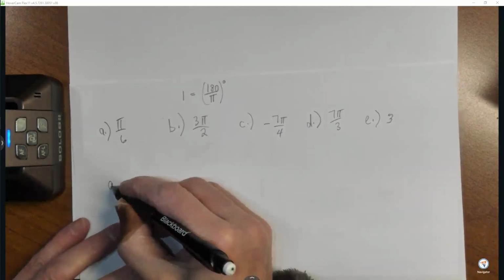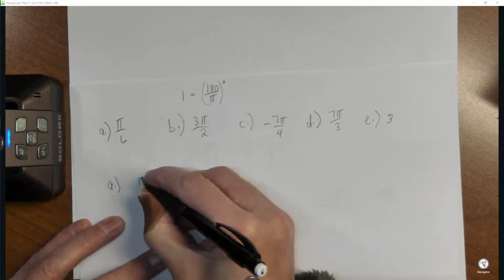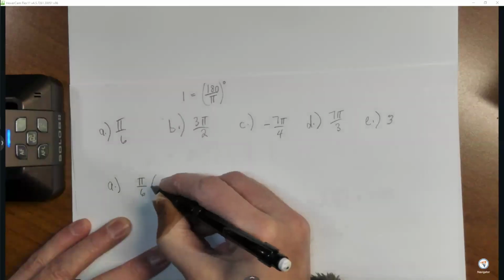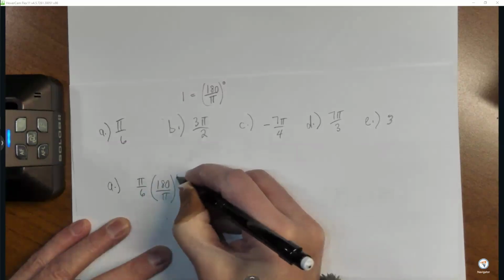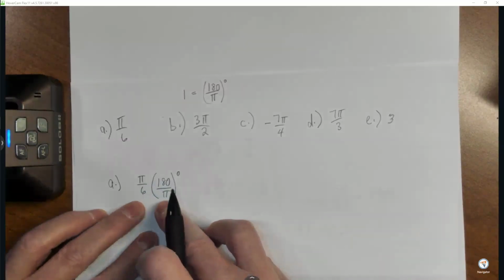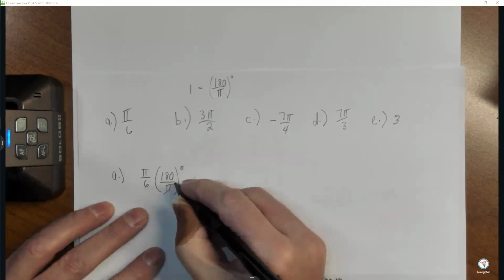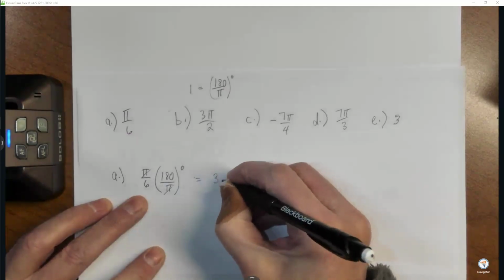For part A, we have pi over 6 radians, and we multiply by 180 over pi degrees. If we're using pi in our radian measure, it nicely cancels out, and we get 30 degrees.